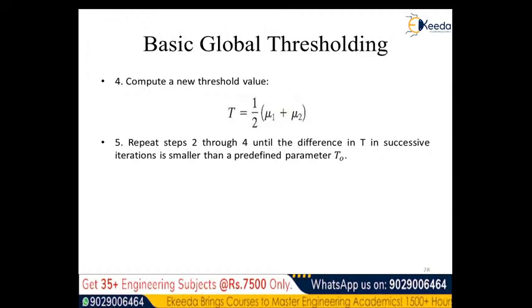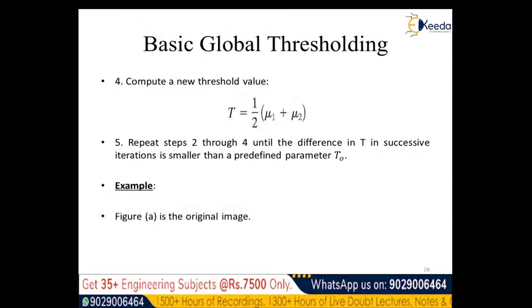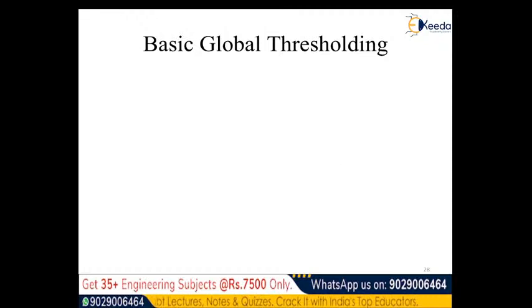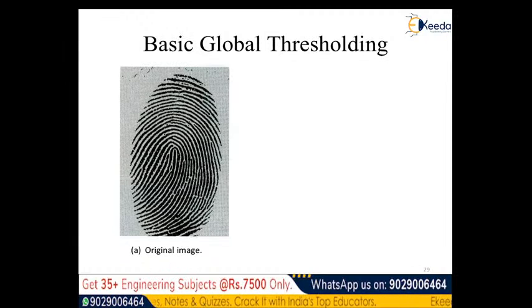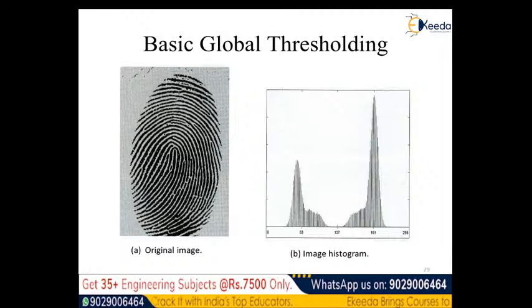To understand it in more detail, let us consider one example. This example will have the visualization of the original image and the corresponding image histogram. Here the example is a fingerprint image, and we have the corresponding image histogram also. This is part A, original image, and this is part B, image histogram.